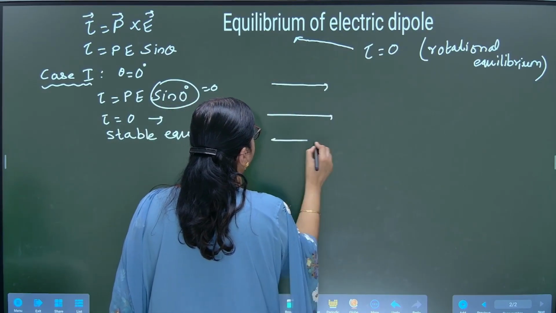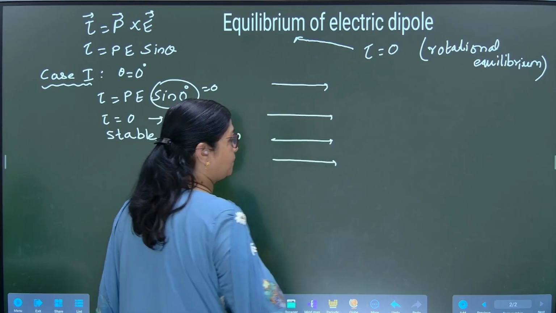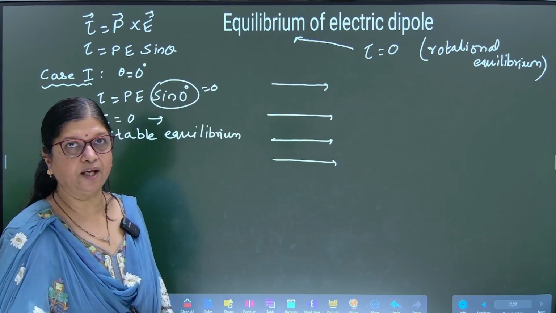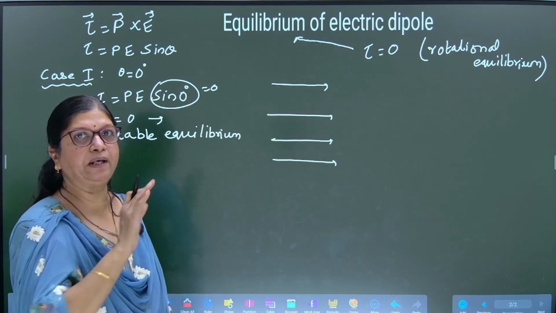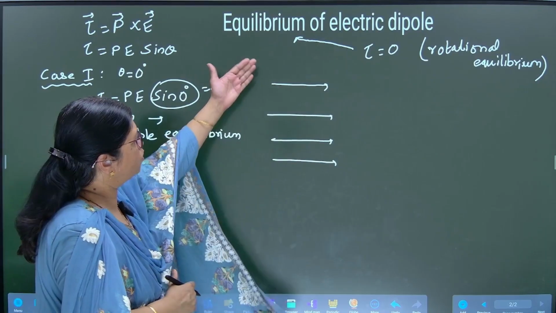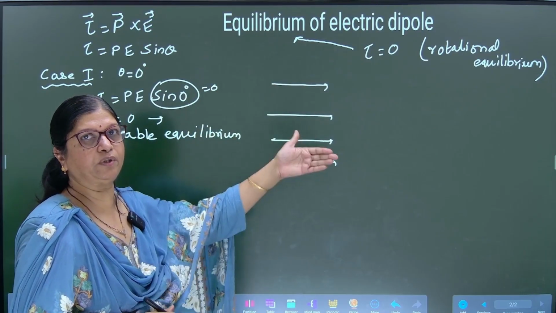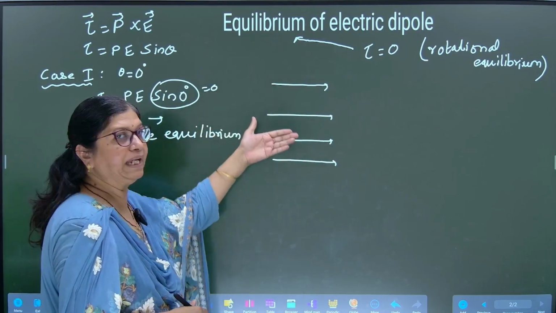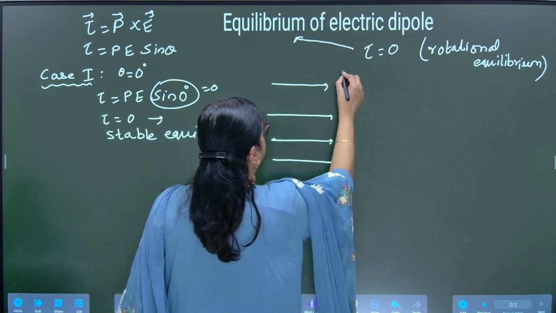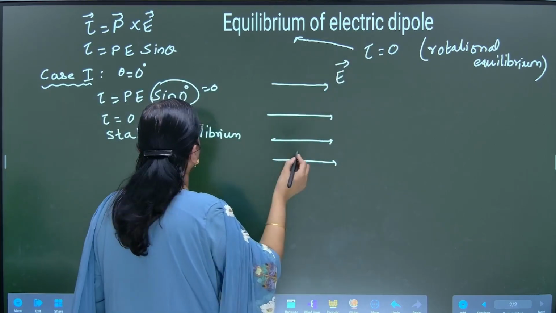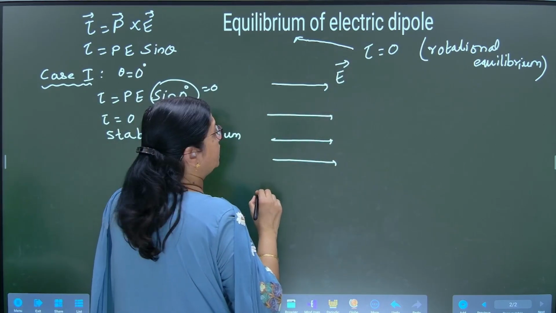This is a uniform electric field. I have shown it with parallel lines equidistant from each other. And I have placed the dipole where theta is equal to 0.